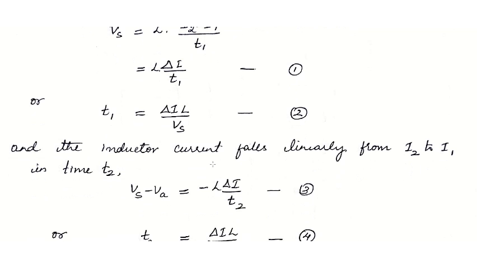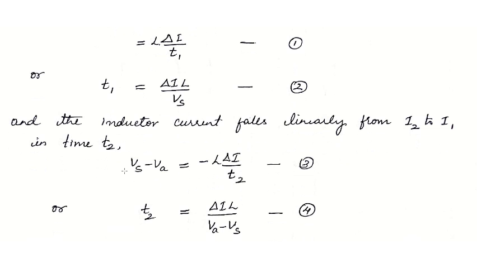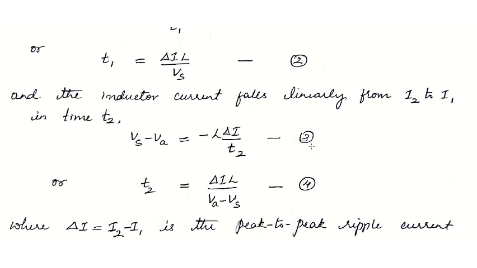And the inductor current falls linearly from I2 to I1 in time T2, right? We have observed this in the waveforms. So we can write it as Vs minus Va, where Vs is your input voltage and Va is your output voltage, the average output voltage, which can be written as minus L times delta I by T2. Call it equation 3.